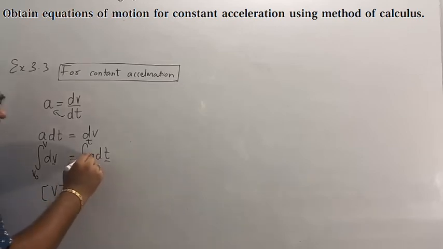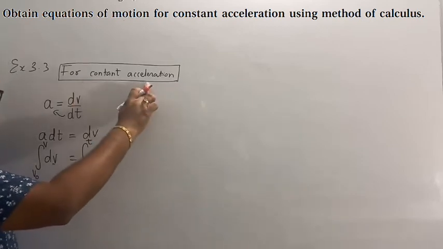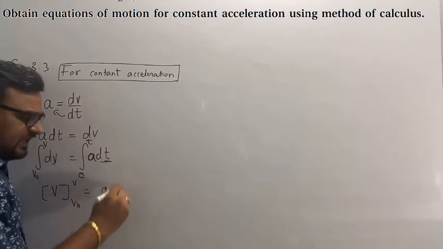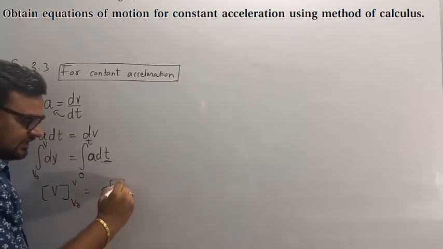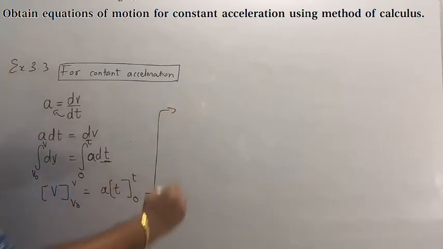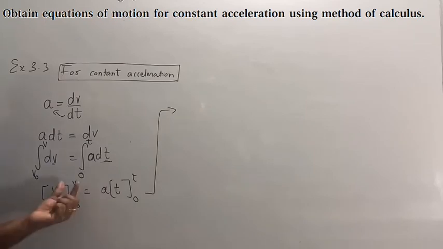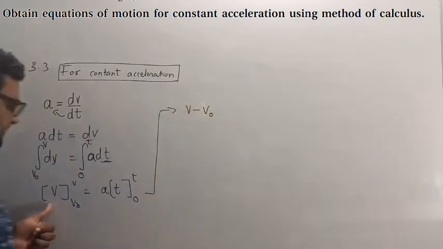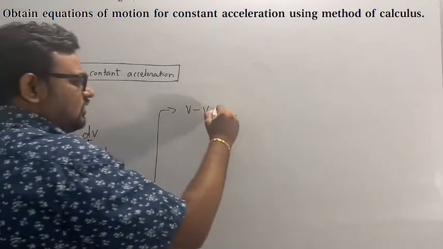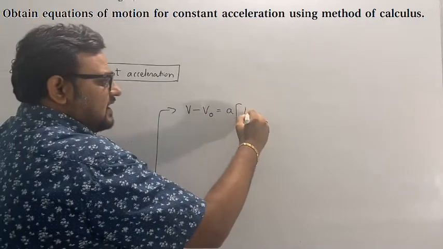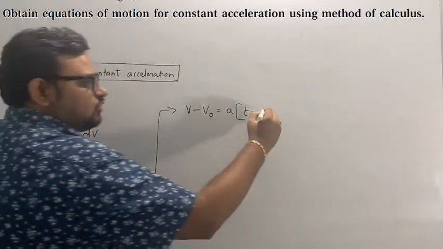This is equal to a, since acceleration is constant, so the constant term we take out. What is the integration of dt? t, from 0 to t. Now this is definite integration, so first put the upper limit and then the lower limit. So v minus v0 is equal to a times t minus 0.